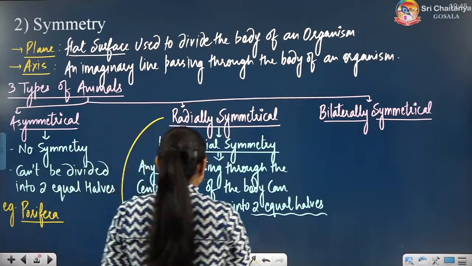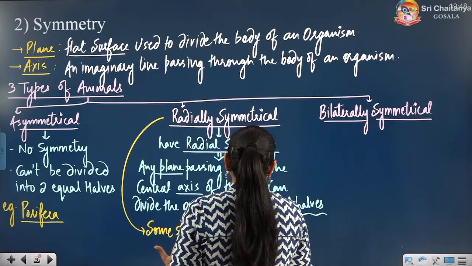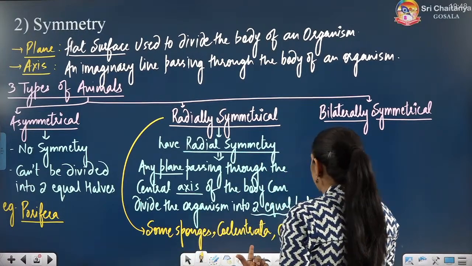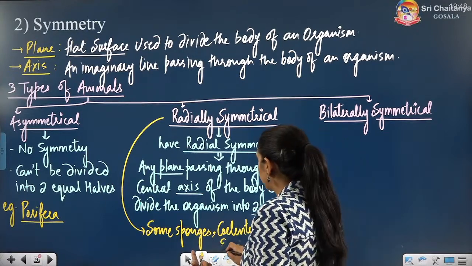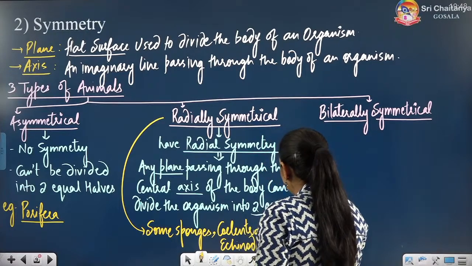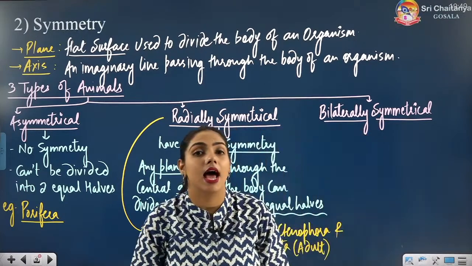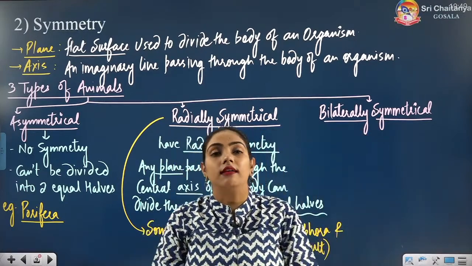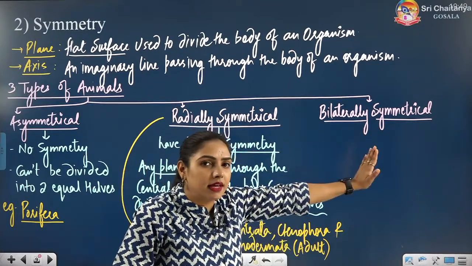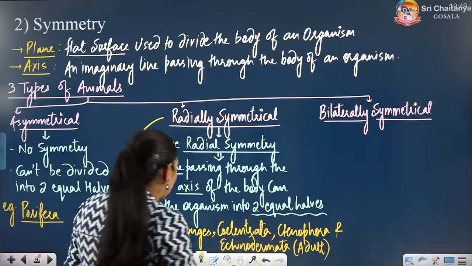Then the animals in phylum Coelenterata, Ctenophora and Echinodermata. Let me specify, in Echinodermata we are talking about the adult stages and not the larval stages. There is an exception that in larval echinoderms we see an advanced symmetry, that is bilateral symmetry. This is all about the radially symmetrical animals.